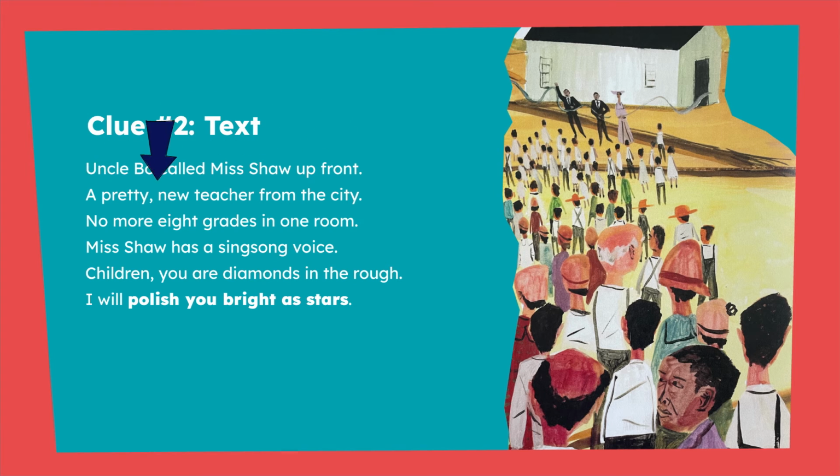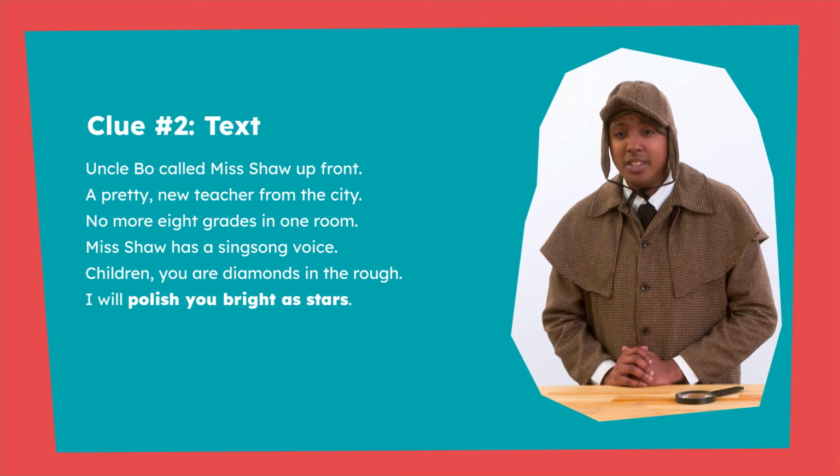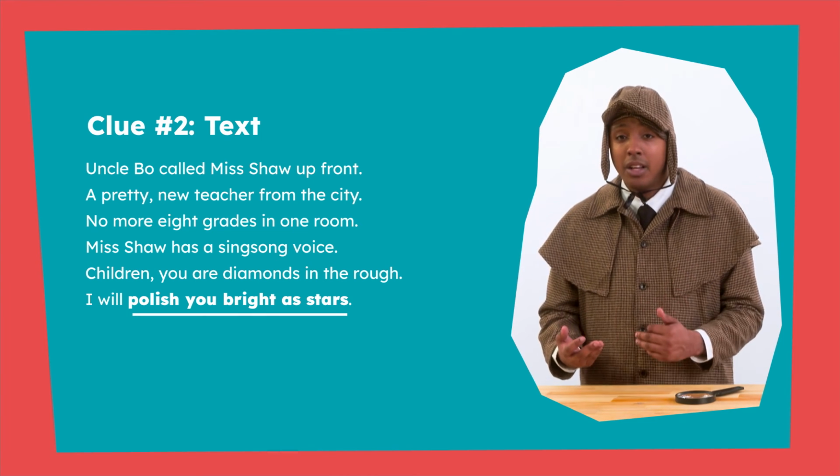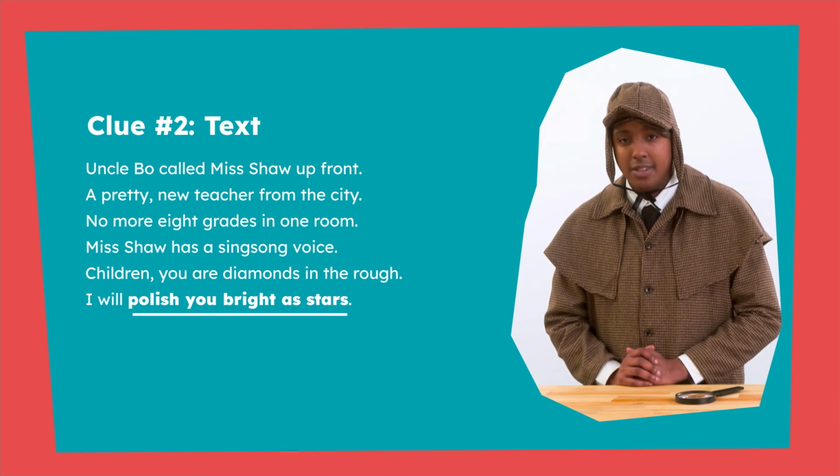A pretty new teacher from the city. No more 8 grades in one room. Miss Shaw has a sing-song voice. Children, you are diamonds in the rough. I will polish you bright as stars. In this sentence, you will be determining the meaning of the non-literal phrase, polish you bright as stars.